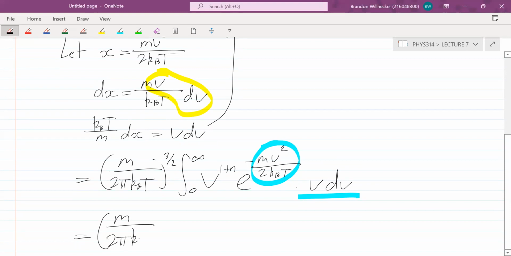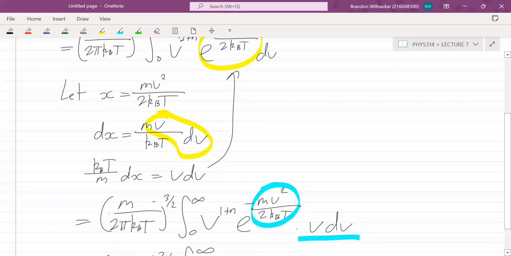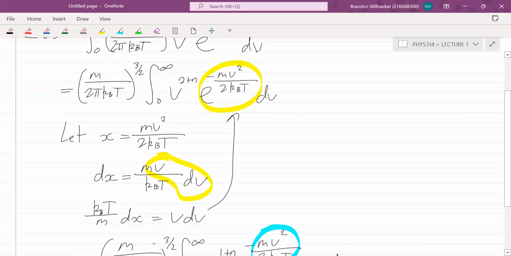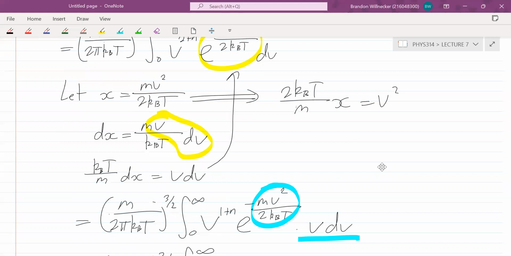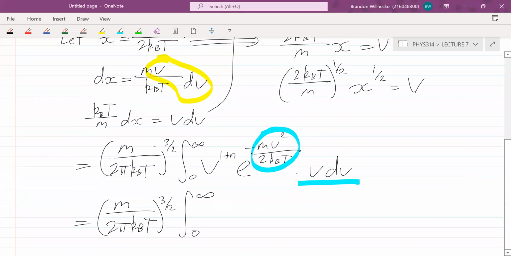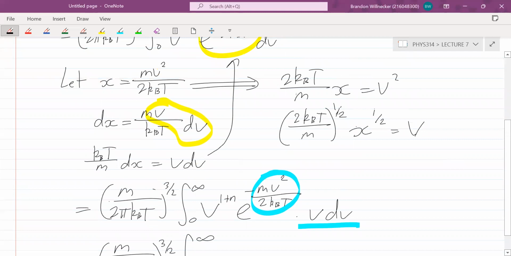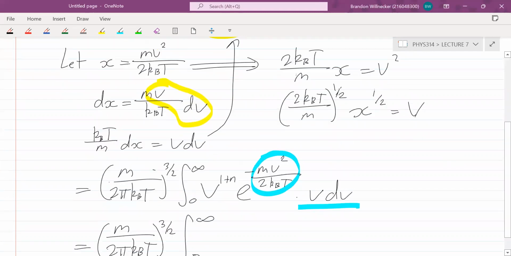So we're going to have m over 2 pi kbt to the 3 over 2, integral from 0 to infinity, v to the 1 plus n. What's that going to be? Well, we can use this to solve for v. So 2 kbt over m times x is equal to v squared. If we root both sides, we get 2 kbt over m to the 1/2, x to the 1/2 is equal to v. v to the 1 plus n is going to be this left-hand side to the power 1 plus n.